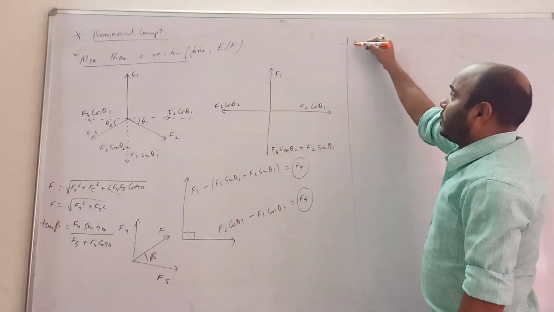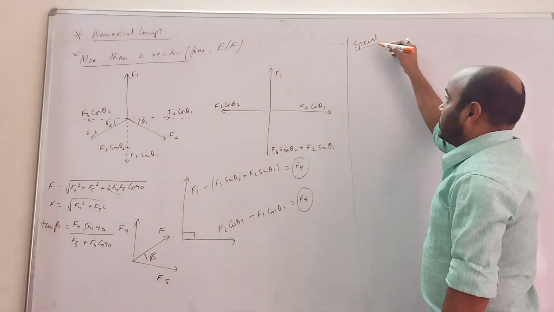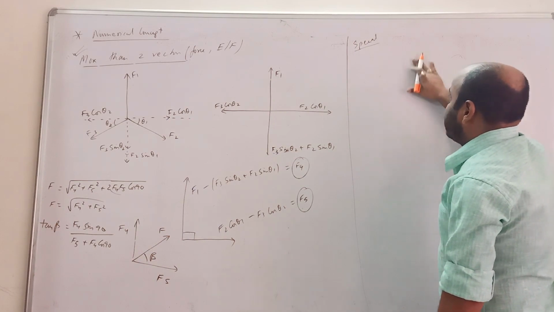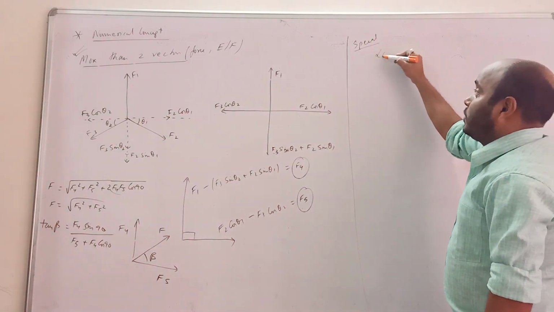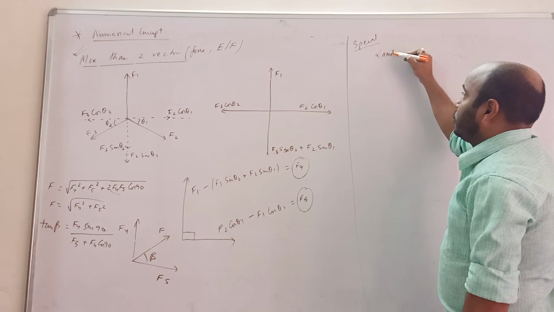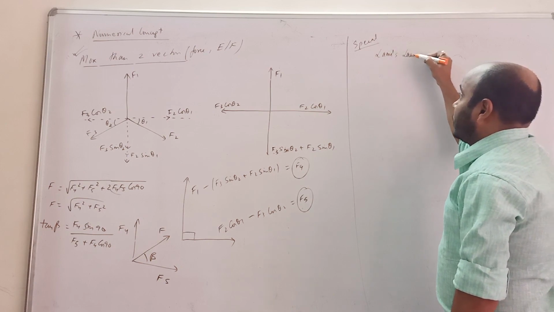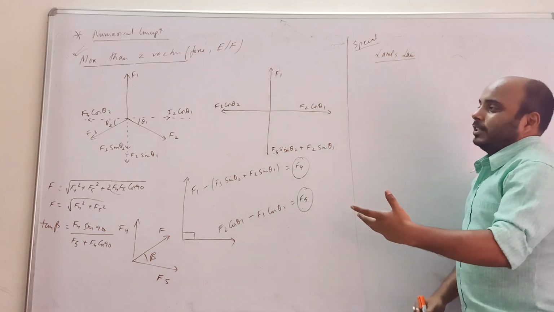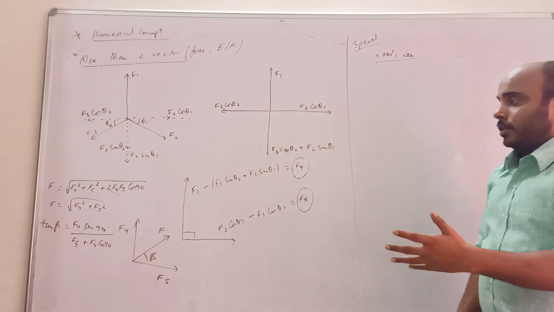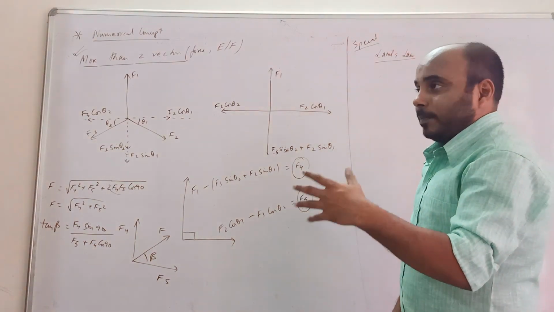Now we have a special case of three vectors making some angles. That is called Lami's law, which students basically prefer. It's a shortcut form of doing it, that's why we prefer it. But there is a problem.